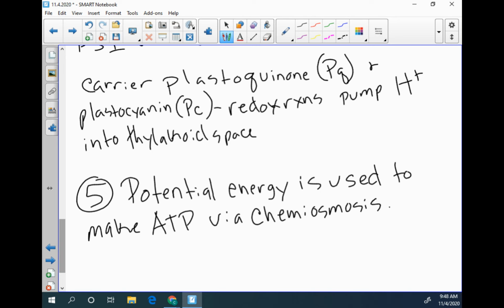Just like ATP synthase existed on the inner mitochondrial membrane to synthesize ATP with that H plus gradient, the same thing's going to happen right here in the light reactions. We're going to make ATP as a part of the light reactions. So that's 5.